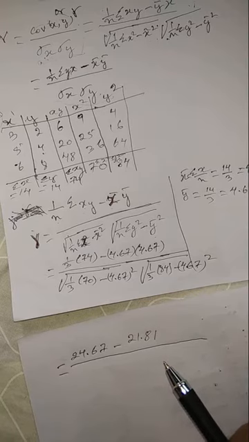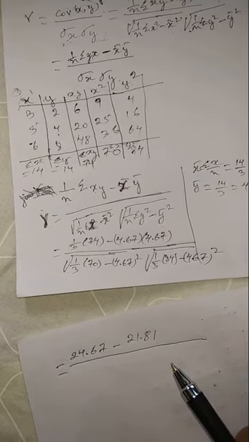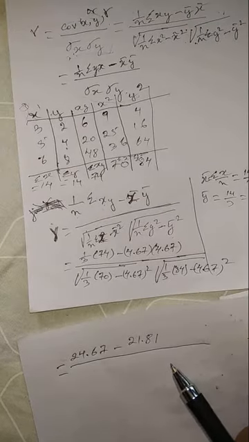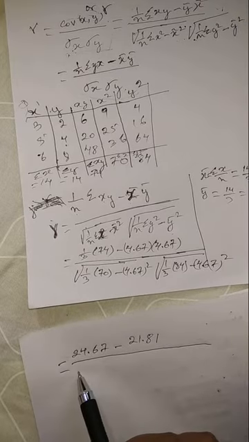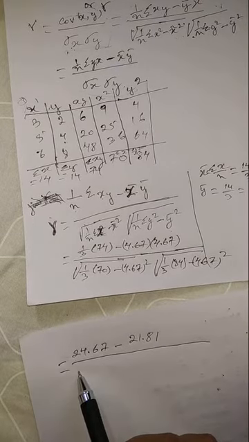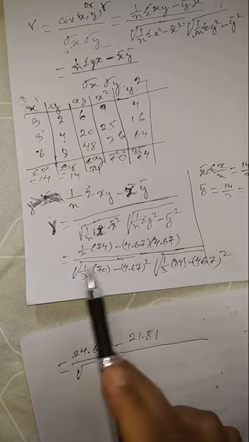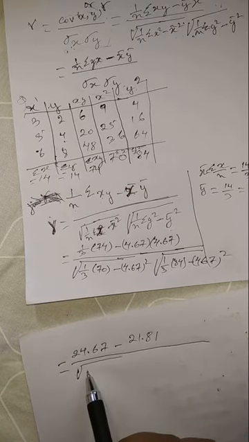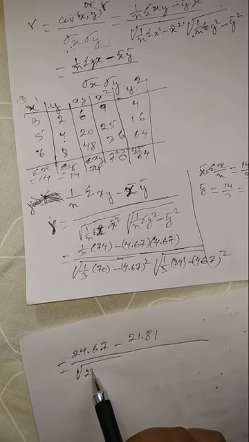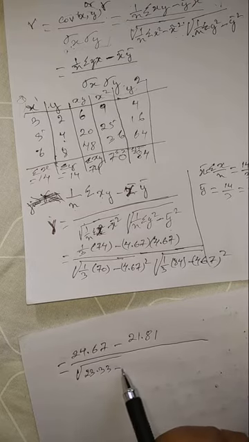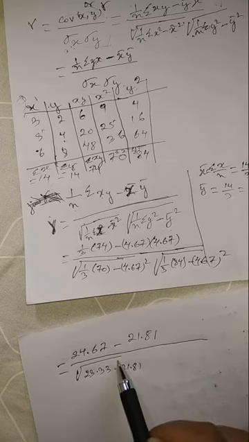Okay, and then 70 by 3, remember the root is still there. 70 by 3, you will get 23.33 minus 21.81.